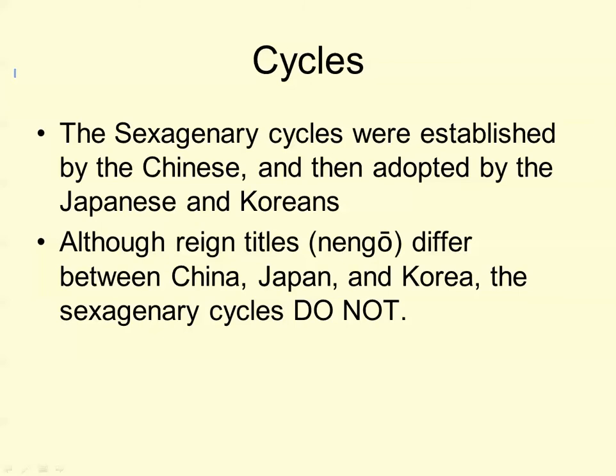Now, of course, as we already covered in the last lesson, the reign titles, the Nengo, differ because the emperor is different, and the emperor, or empress, has his or her own Nengo. But the sexagenary cycles do not. Similarly, the lunar calendar is the same when we look at the months and the years, and we'll be getting to that in the second half of today's lecture.